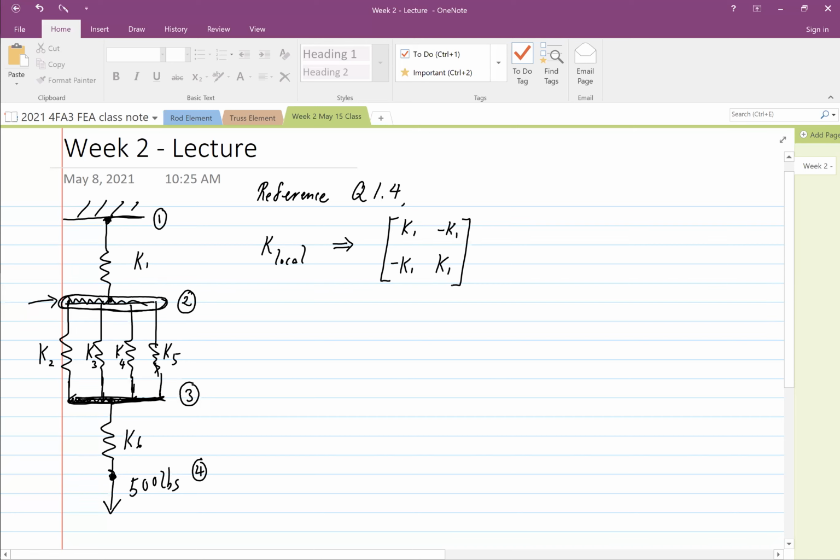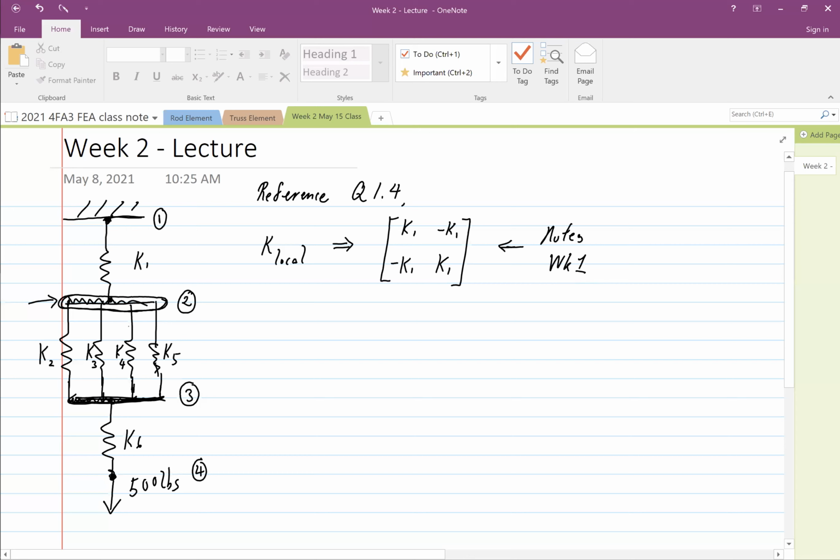Okay. Do not develop it for me, okay? Because we already developed this matrix from the notes in week 1. You don't have to develop it one more time.